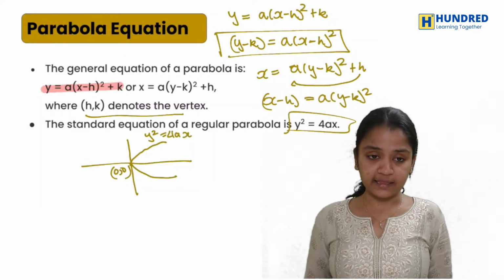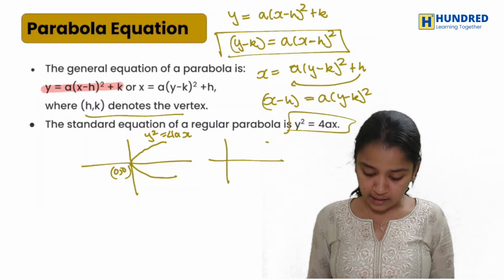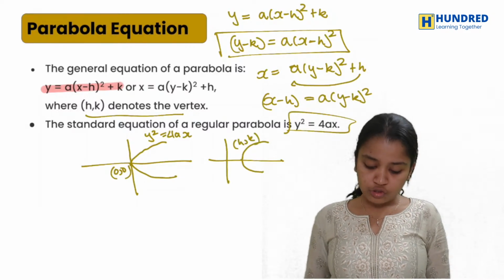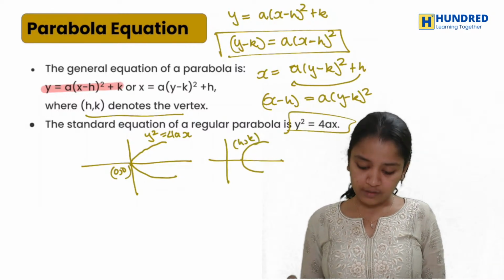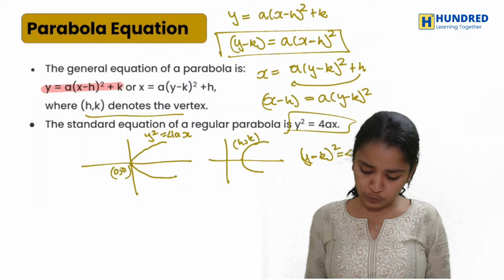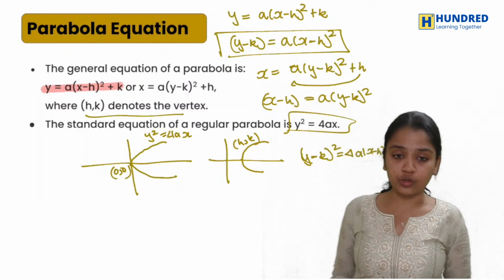Same way, if your parabola's vertex is here at h comma k, you can write it as (y minus k) the whole square is equal to 4 into a into (x minus h).